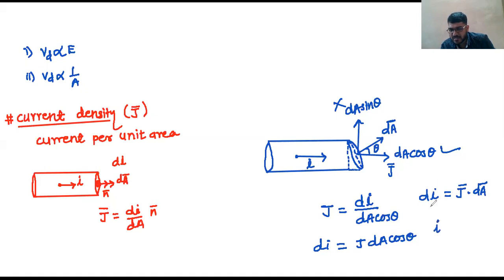So I is equal to the integration of J bar dot dA bar. These formulas we have to use in cases where the area makes an angle theta with the area of cross section. This is condition number 1, and this is condition number 2.